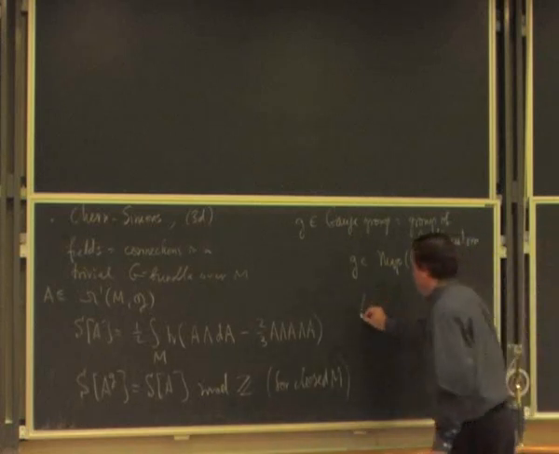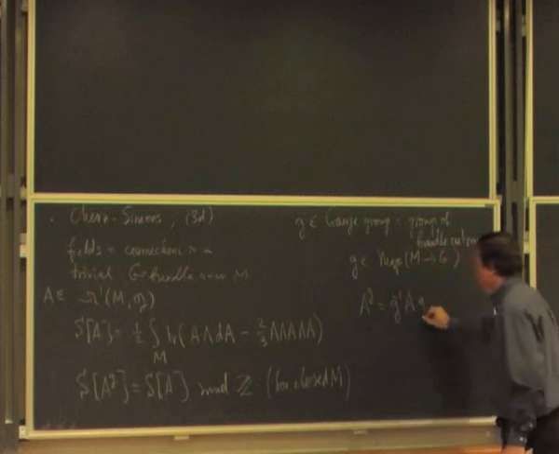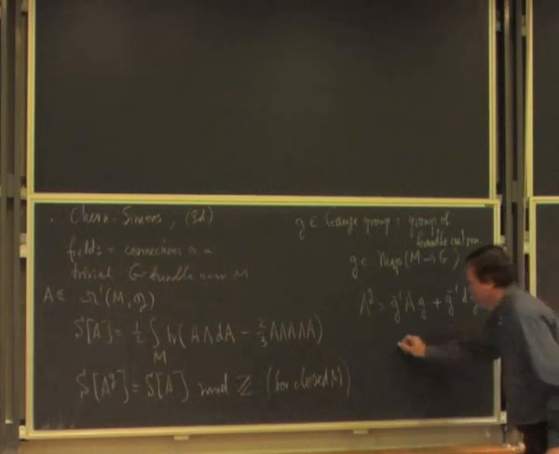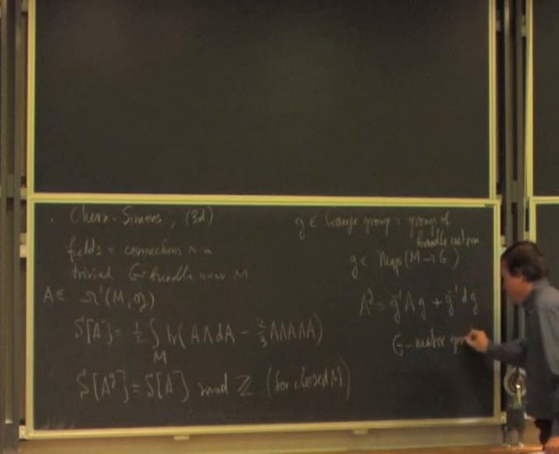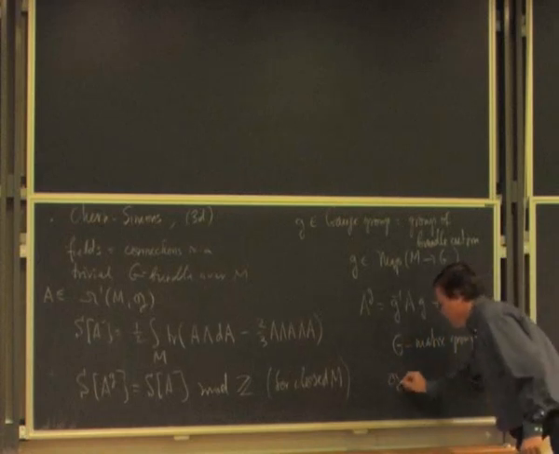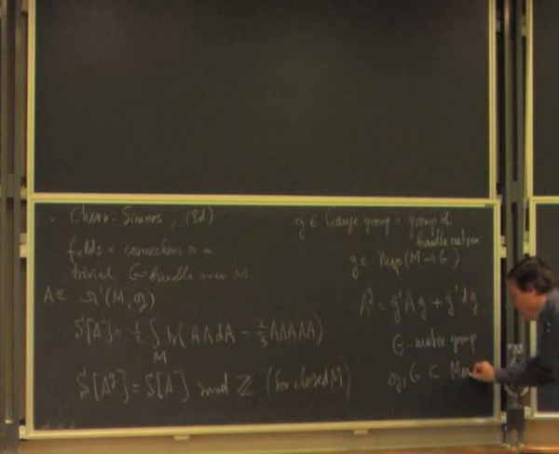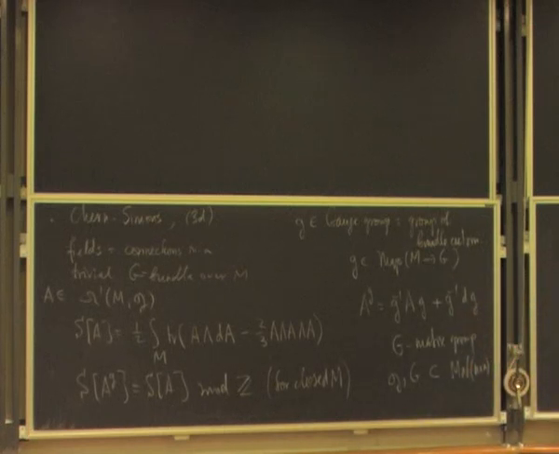And the gauge action is A goes to g inverse A g plus g inverse dg. I assume here that G is a matrix group. So both the group and the Lie algebra are subspaces in n by n matrices, so you can multiply elements of the Lie algebra and the Lie group.